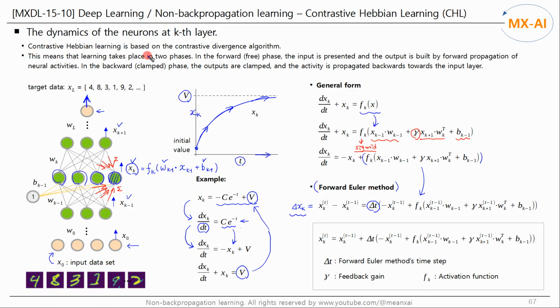Contrastive Hebbian learning is based on the contrastive divergence algorithm. This means that learning takes place in two phases. In the forward phase, the input is presented and the output is built by forward propagation of neural activities.